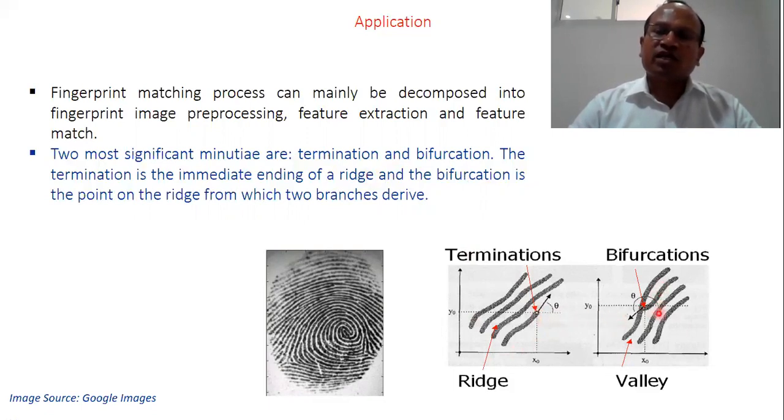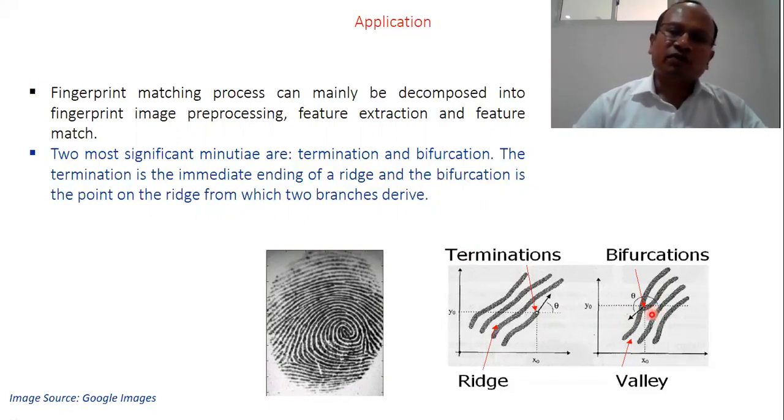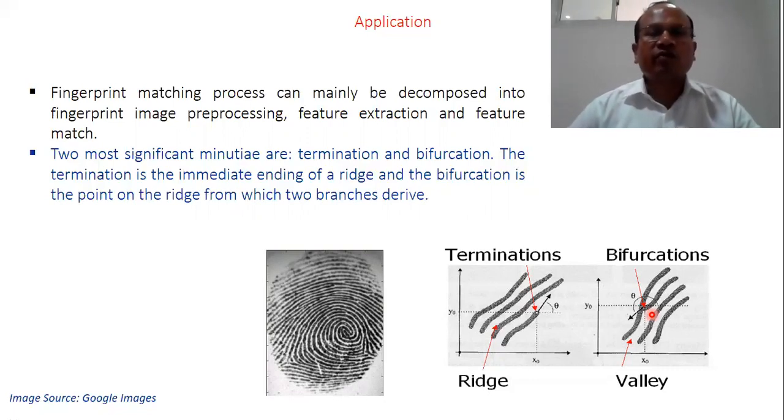And here you see a bifurcation, where it is divided into two parts. If you look at your fingerprint impression very carefully, you will find there are many terminations and bifurcations, which are called minutiae. Those minutiae are called fingerprint parameters, or fingerprint features.